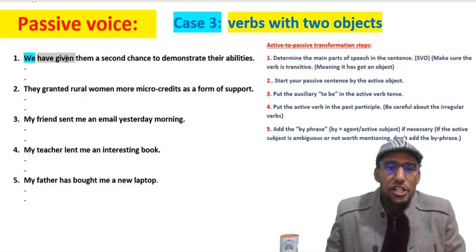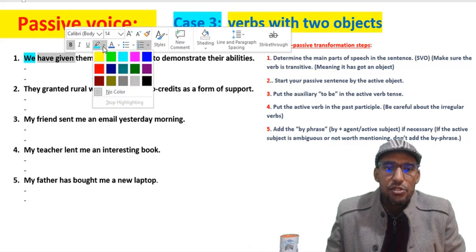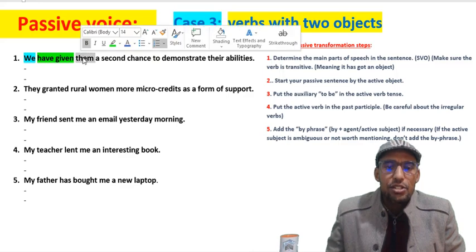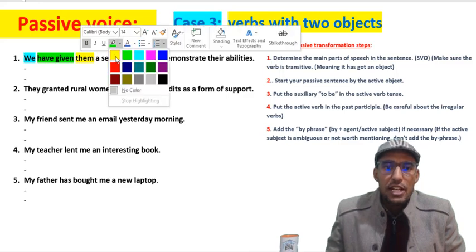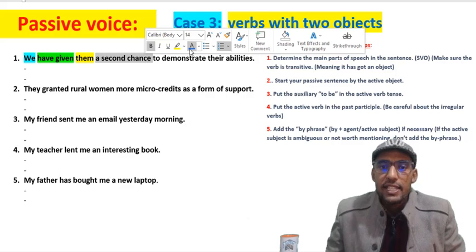The verb combination again is have given. The main verb here is give, to give. And the last elements have to do with the objects: who have we given? Them. What? A second chance. A second chance here is object number 2.